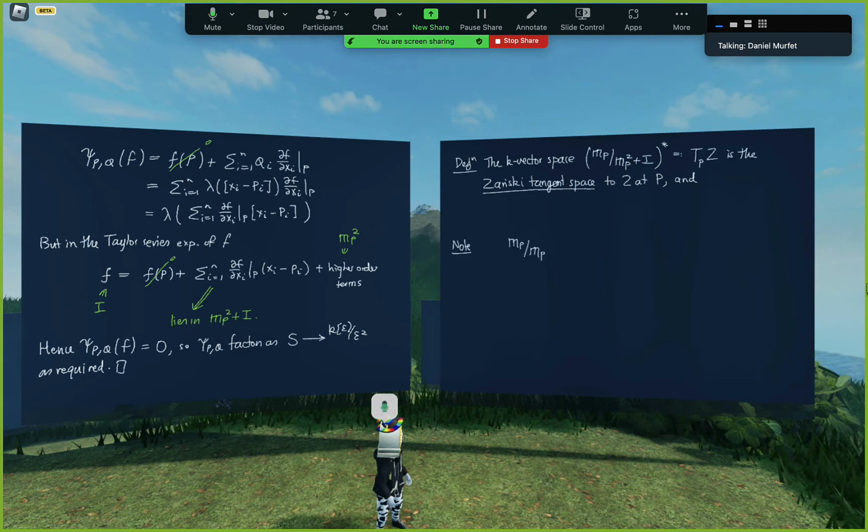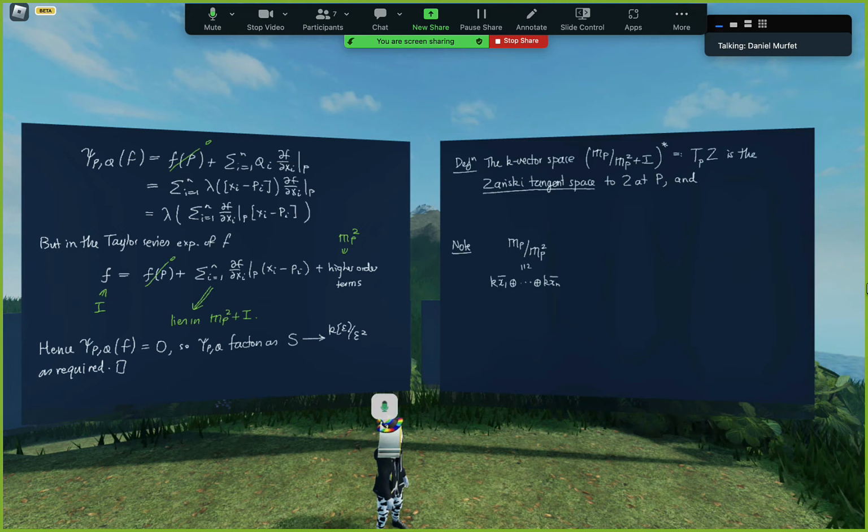We discussed this last time. That's kind of clearly n-dimensional, spanned by the equivalence classes of the generators of the polynomial ring.